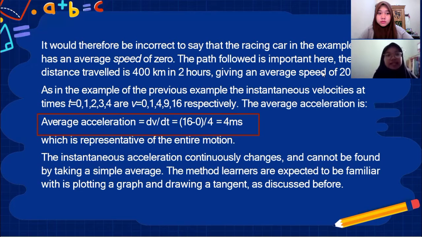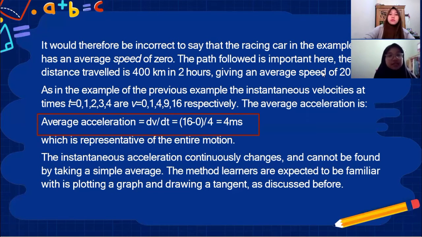Okay, as in the previous example, the instantaneous velocities at times t equal to 0, 1, 2, 3, 4 are 0, 1, 4, 9, and 16 respectively. The average acceleration equals dv over dt.